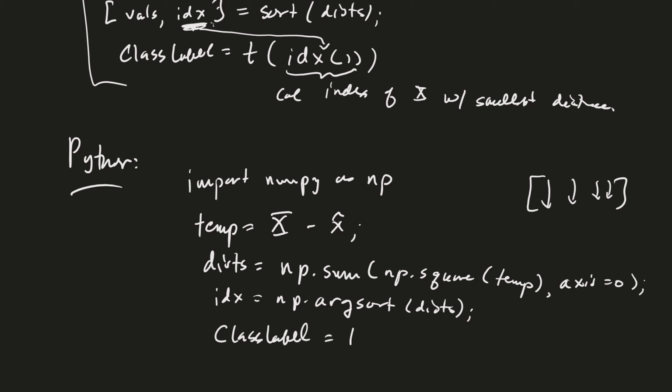So that would be T[IDX[0]]. Oops, I don't need that semicolon, do I? Jumping back and forth between languages is hard to do. Okay, good. There we go. That is the nearest neighbor algorithm, the one nearest neighbor algorithm.